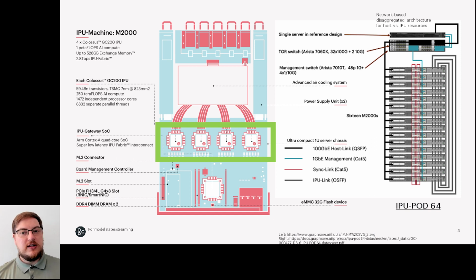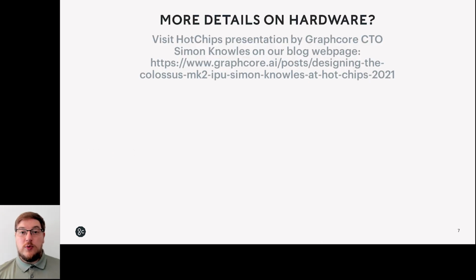That means, depending on the workload, we can adjust the amount of host processing. All the M2000s have special connections to allow for fast communication between the IPUs. If you want to know more details on our hardware, I strongly recommend the Hot Chips presentation by Graphcore CTO Simon Knowles on our blog webpage.